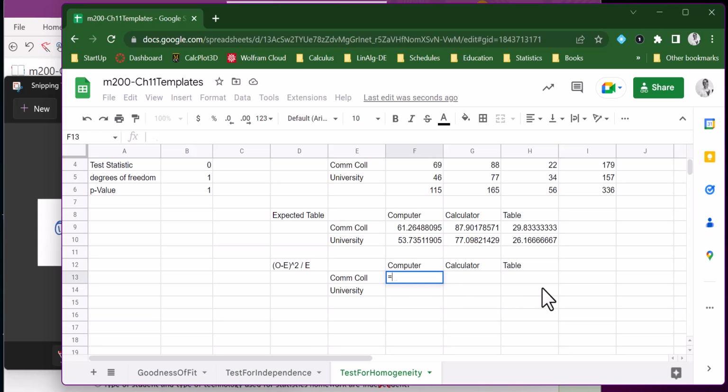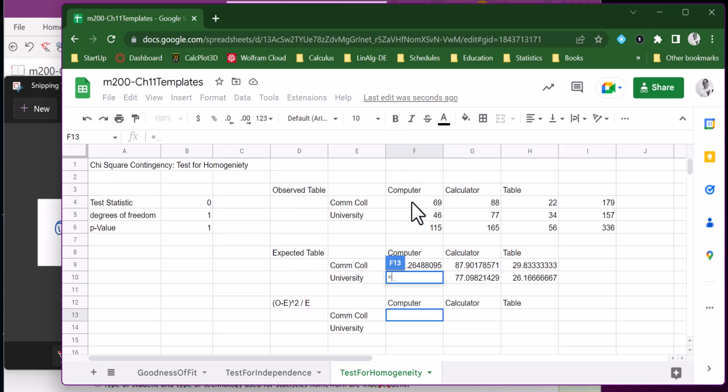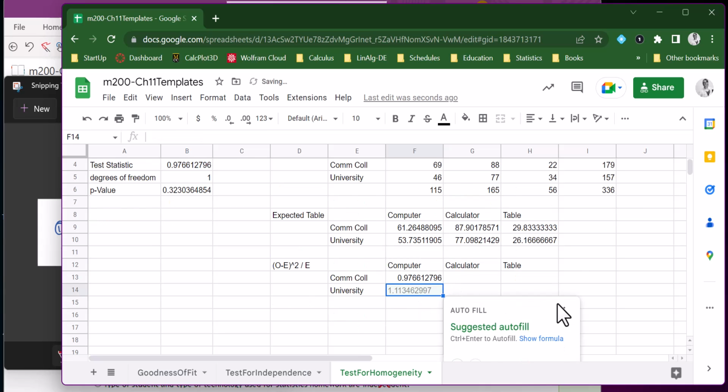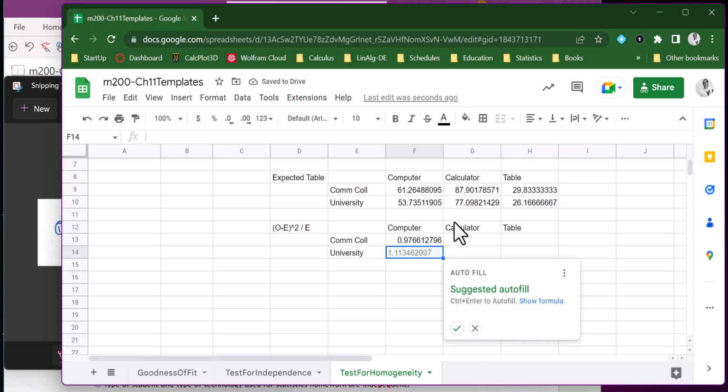So in our first slot, we'll say equals the observed values. So that's the community college students that use computers. Oops, I forgot my parentheses again. So parentheses, then the observed values minus the expected values, close parentheses, quantity squared, and then divide by the expected values. Now it has an autofill, or you can choose the autofill or not, and then we'll just click and drag ourselves.